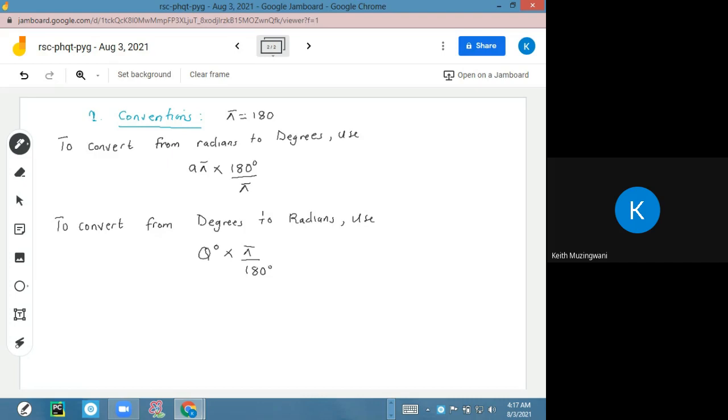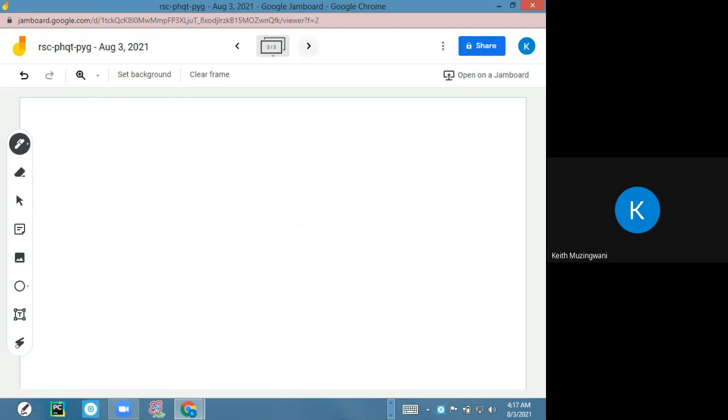That's how you switch from radians to degrees, and from degrees to radians. So now let's do examples so that you're able to understand what is going on here.